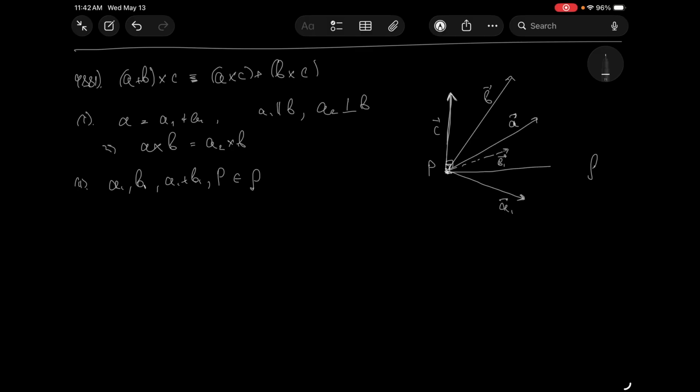A1 plus B1 is the vector which lies here, a diagonal vector, A1 plus B1, right here. Let me make it a little bit longer like this. Then I'm going to connect these two vectors, and this is going to be the vector B1, which we just moved here by parallel translation.